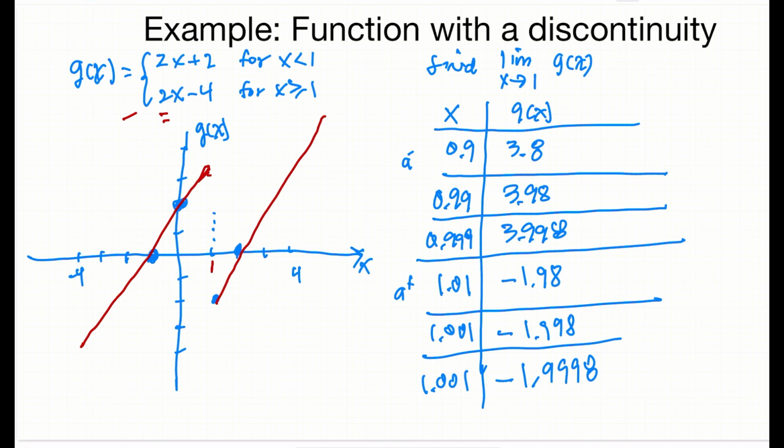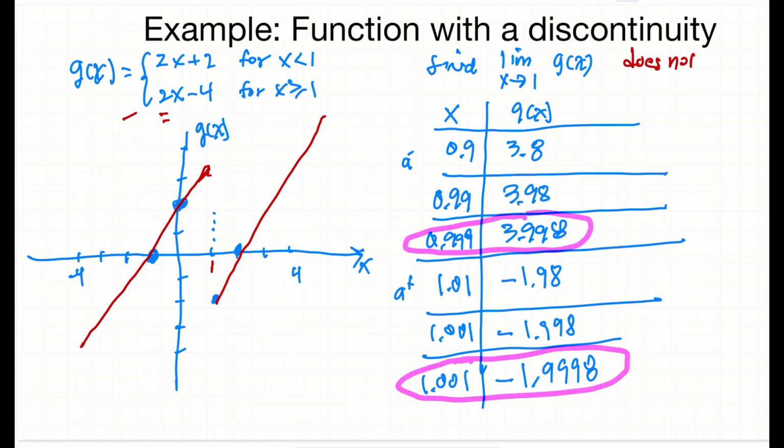Okay, what we can tell basically from this is, since this number approaches 4 as x approaches 1 from the left, and this number approaches minus 2 from the right, big difference. So what that implies to us, from what we know about limits, is that the limit does not exist at a equal to 1, or as x goes to 1.